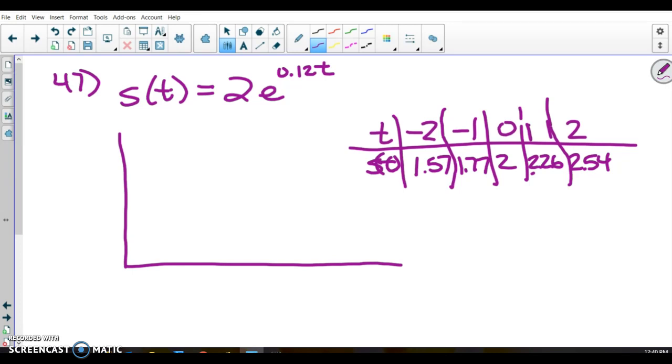I've just put some values up there, but what I want you to see, that coefficient to that exponent, we have a very, very small value. And if we look at this graph, I'm going to graph the easiest point here first. When t is 0, s is 2, and we have a positive coefficient.